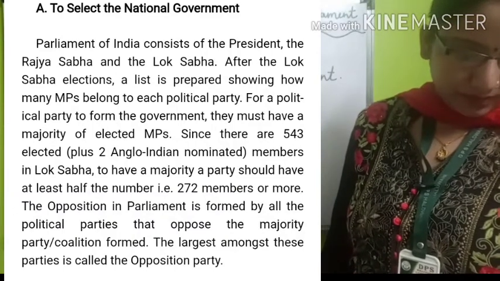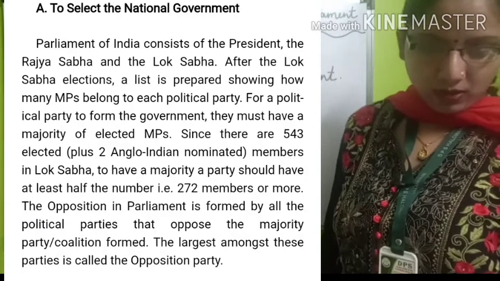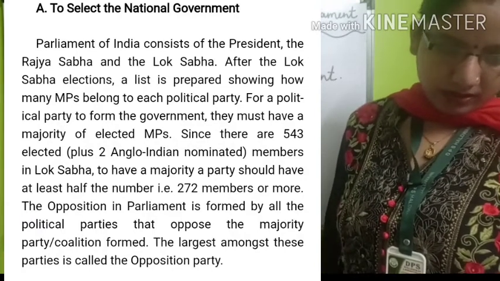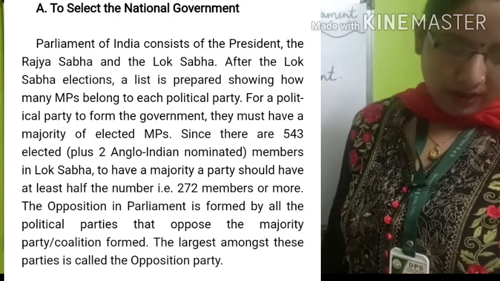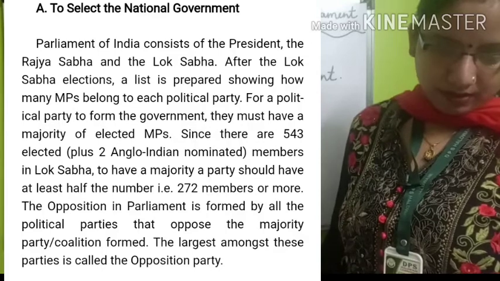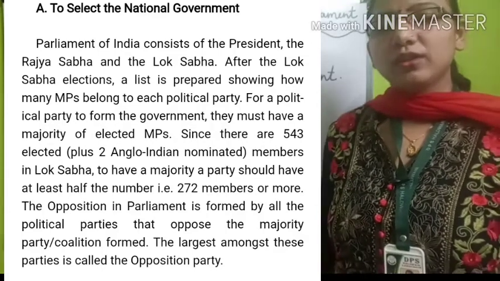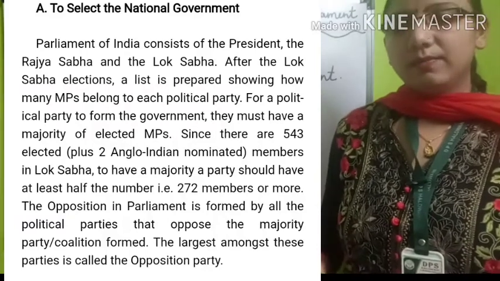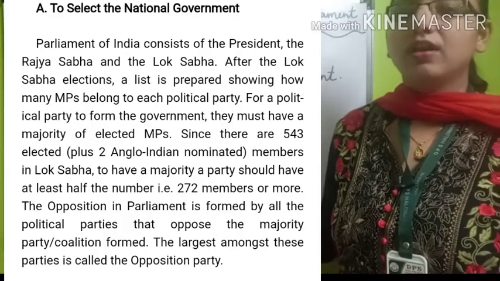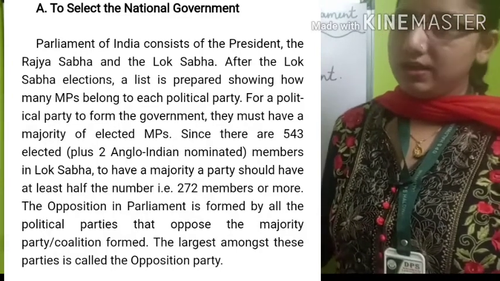Since there are 543 elected plus 2 Anglo-Indian nominated members in Lok Sabha, to have a majority, a party should have at least half the members, that is 272 members or more. So to show a majority, the party must have 272 seats out of 545.